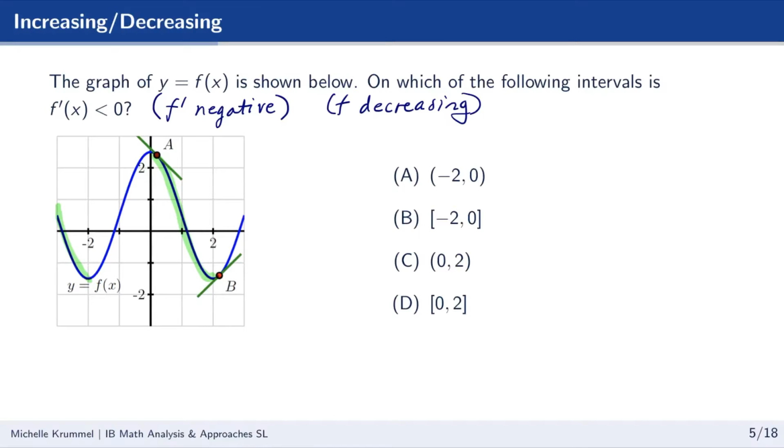So from -3 to -2, and then from 0 to 2. And here, the derivative is not negative, so we're not including that. Here, the derivative is not negative, we're not including that. And here the derivative is not negative, so we're not including that.